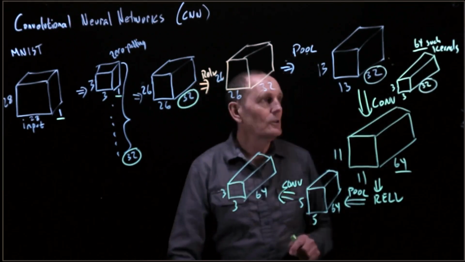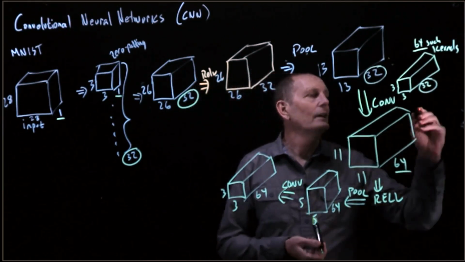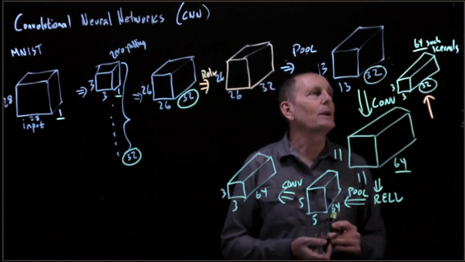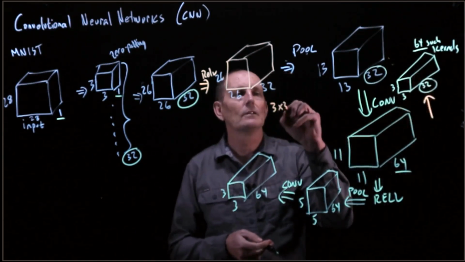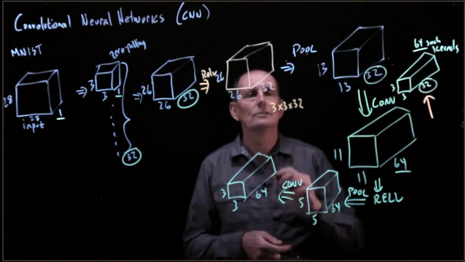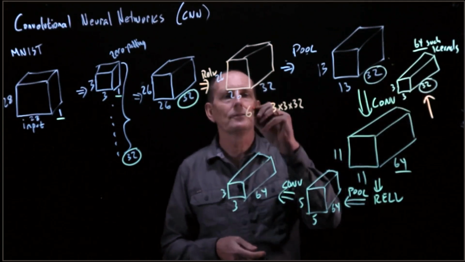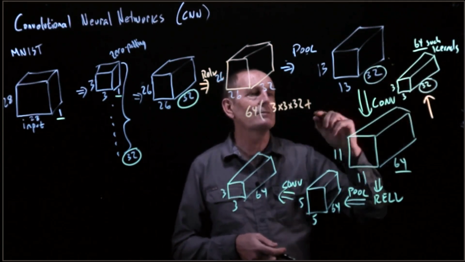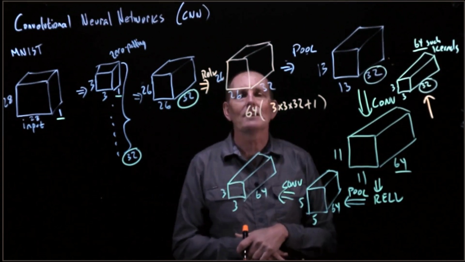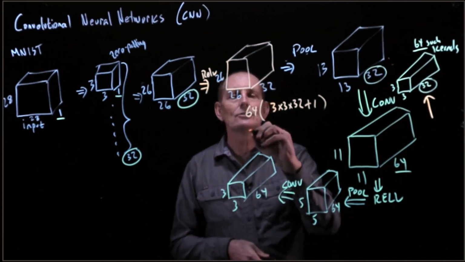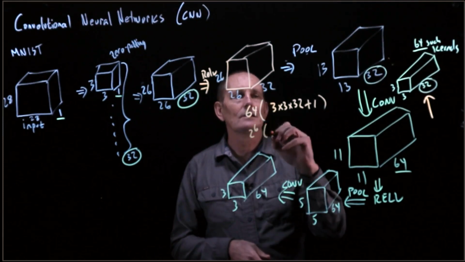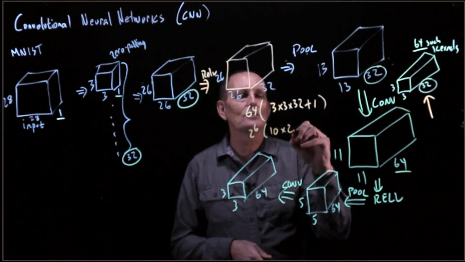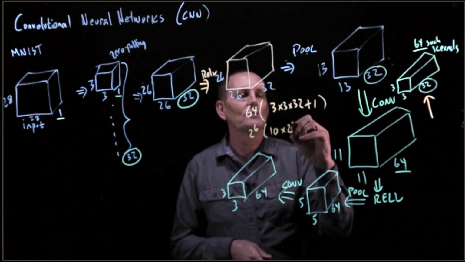Let's look at this layer right here and figure out how many weights we have. So we know we have a 3 by 3 by 32. That's for the kernel. We've got 64 kernels, and then we also have 1 bias for every one of the kernels. So let's just get an estimate. This is 2 to the 6th times about 10 times 2 to the 5th.